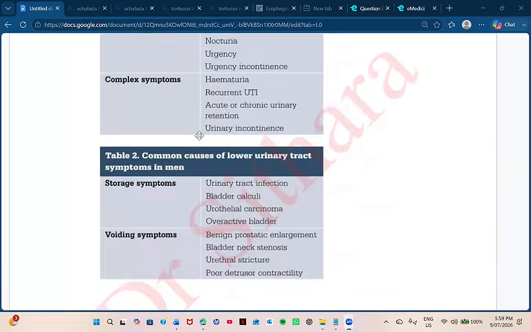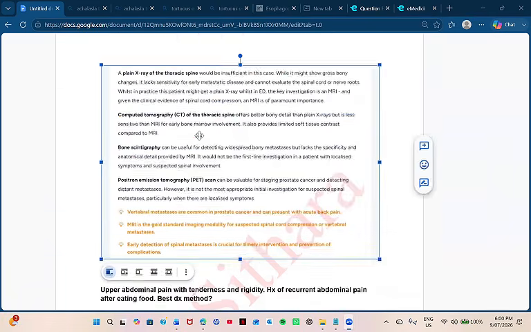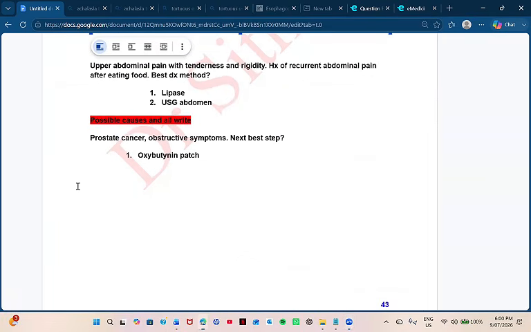Just to show some idea, I attached that one. So here, prostate cancer with obstructive symptoms. So obstructive symptoms are present. What do you prefer, doctors? Is the oxybutynin patch preferred or not? The oxybutynin patch, it is for what?